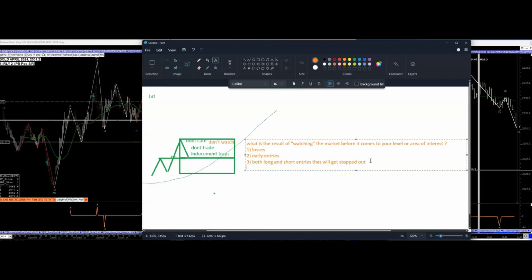You're going to have revenge trading, which may lead to overtrading the size. It will be exhaustive.